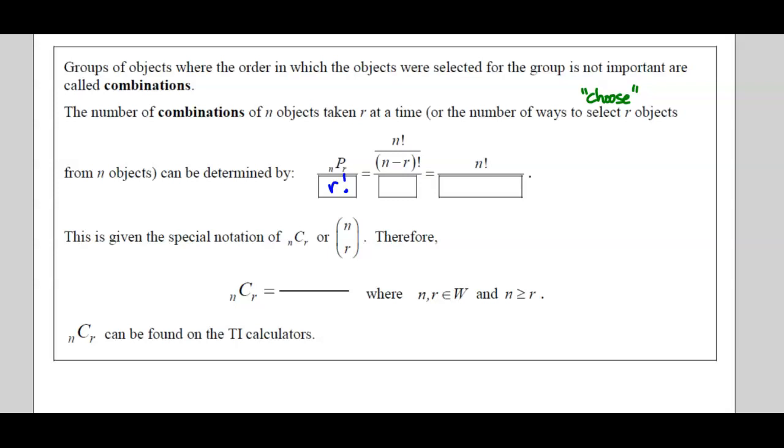So this is your formula for nPr, and we're dividing that by r factorial. When you divide by r factorial and simplify the fraction, you're going to get both this and this in the denominator. That's fraction rules.